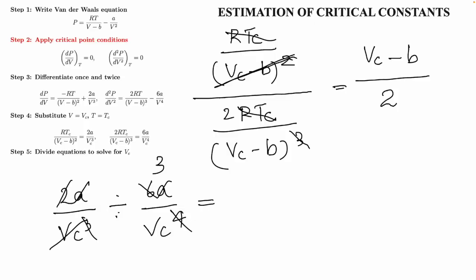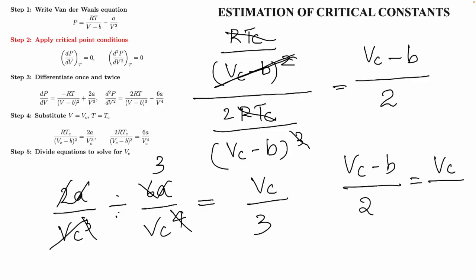So what we get is Vc by 3. So Vc minus B by 2 is equal to Vc by 3.